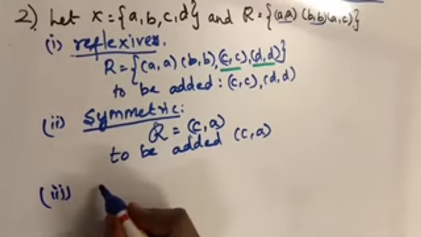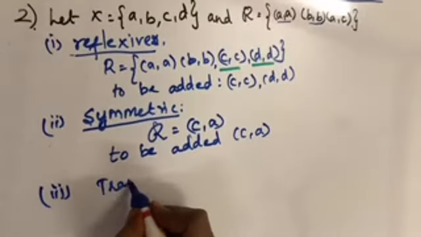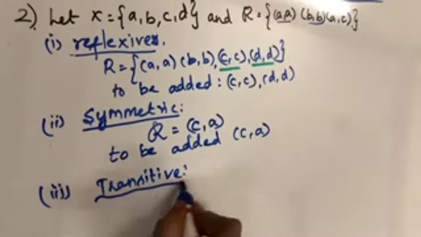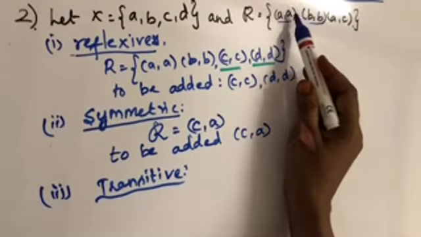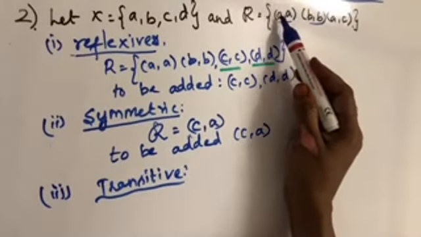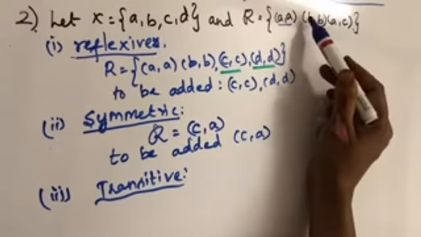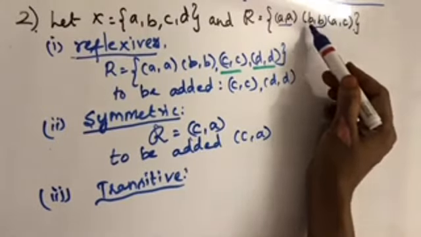To make it transitive, A is related to A, again A is related to A. So we couldn't add any terms here. Look at this, B is related to B and B is again related to B. So we couldn't add.